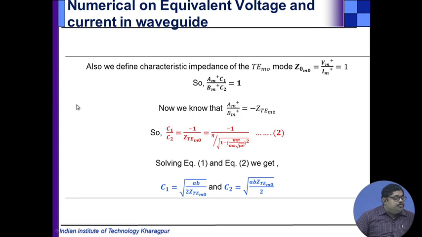So, you have now two equations for C1 and C2, two unknowns, two equations. So, you can solve, and you get C1 is this and C2 is this. So, depending on TM0 you have these solutions. This is simple, once we get C1 and C2 we can write as written.